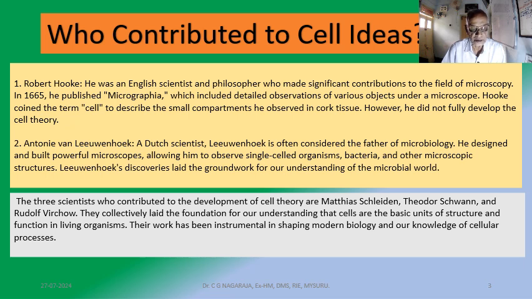They discovered, with the help of a very small instrument, small structures in the onion peel. They called them cells. Then the other three most important scientists, Schleiden, Virchow and Matthews, gave the ideas of what is called cell theory, which you can learn in your higher class.